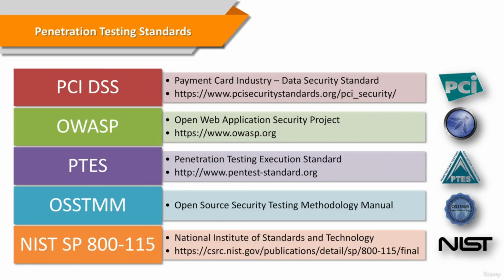Now, since penetration tests are very important for cybersecurity, it'd be very good to have some standards while performing the test steps. And thankfully, we have several organizations and consortiums to identify the standards. The best-known ones are PCI DSS.